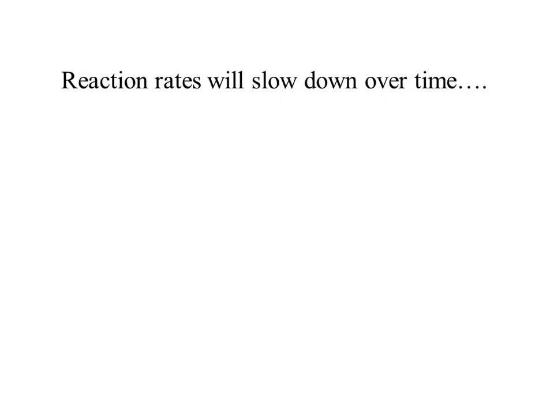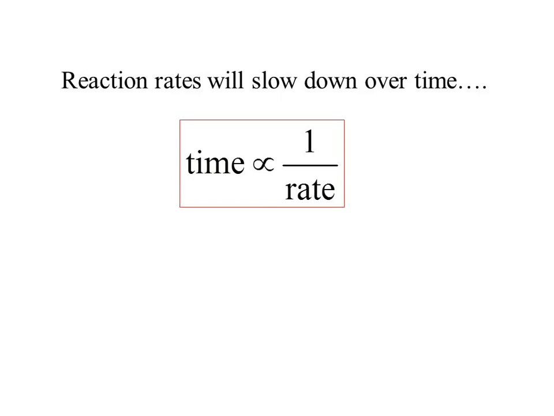Here's one for you. The speed at which a chemical reaction occurs slows down over time, and we'll talk more about why. The longer the reaction proceeds, the slower and slower it goes. One way to show that mathematically is to say that time is inversely proportional to rate.